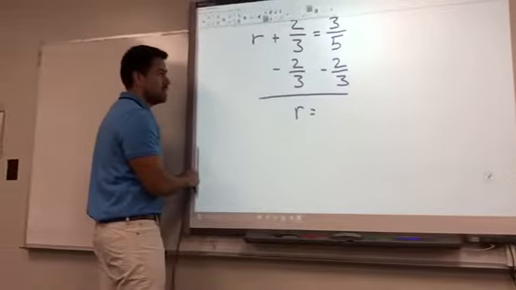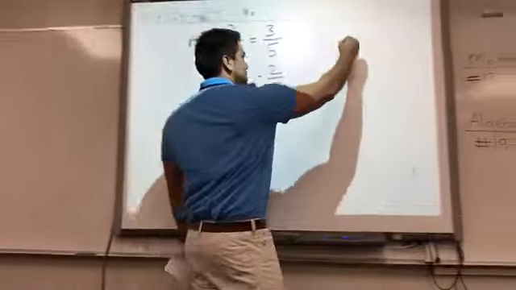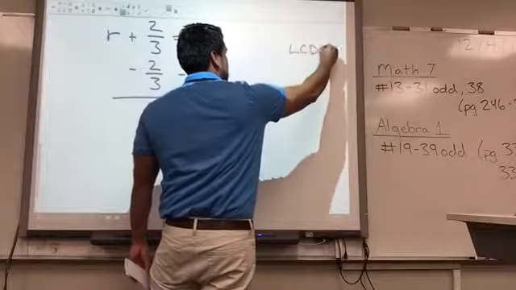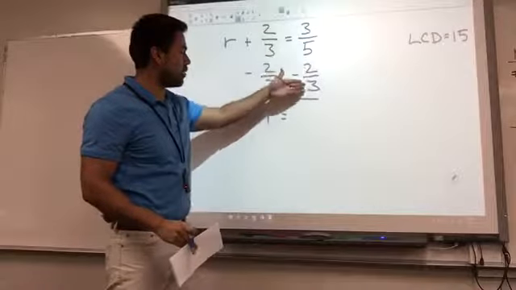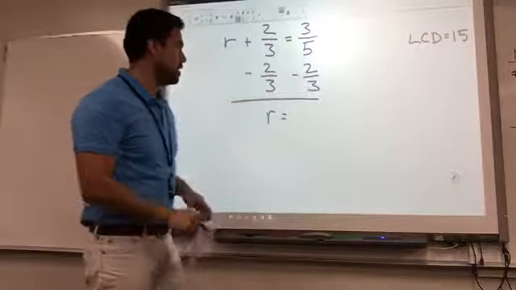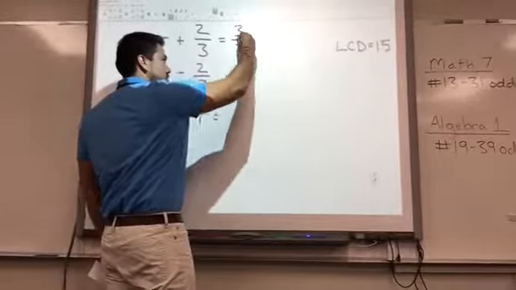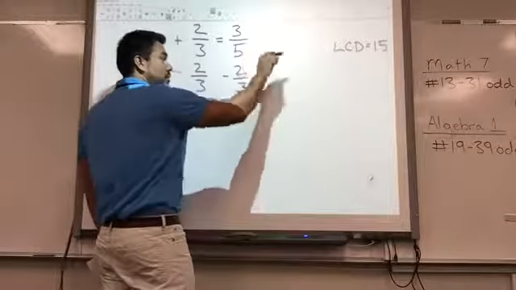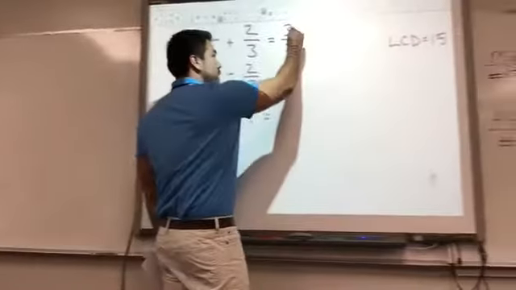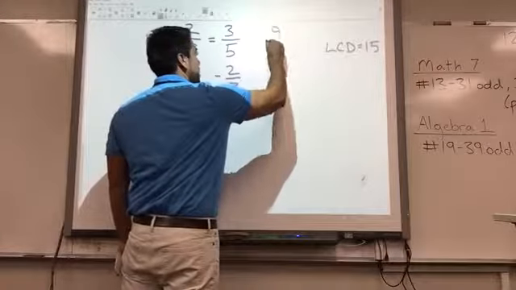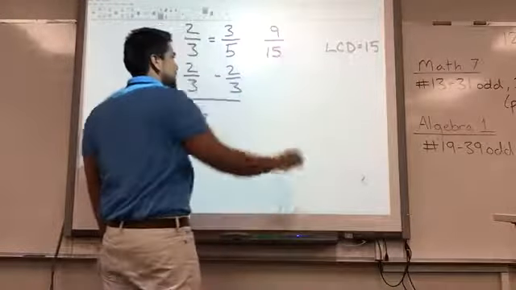Which is what? Okay, so my LCD is 15. And by the way, you can work this out vertically or you can work it out horizontally. And so what does this have to change to get a denominator of 15? So I'm going to multiply this by 3/3, so I get 9/15.